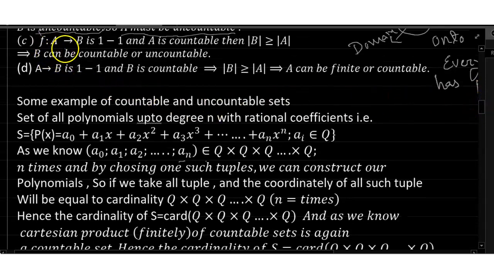Next is if f: A → B is one-to-one and B is countable, then A is countable.